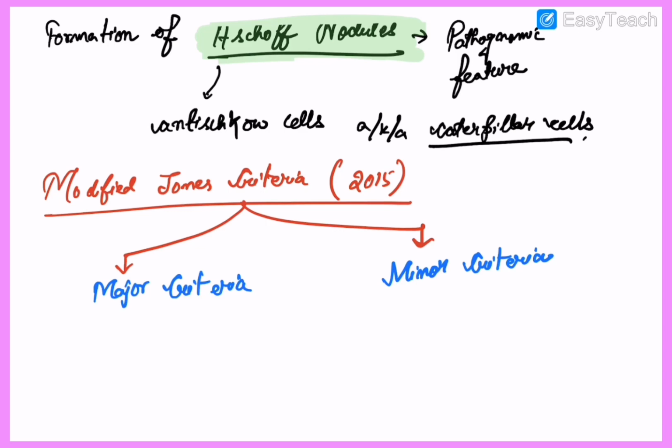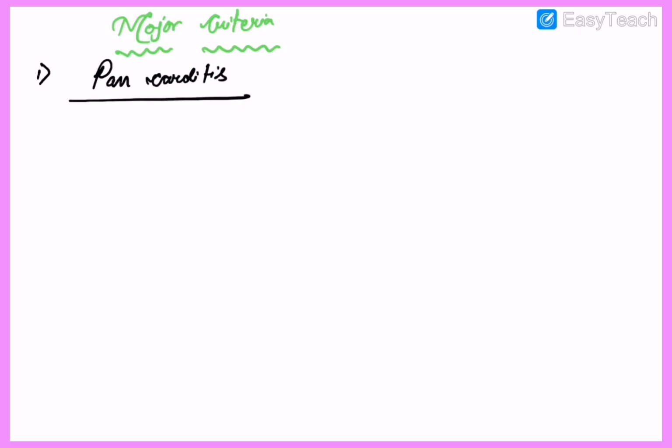Starting with the major criteria, number 1, carditis, which is inflammation or infection of 3 layers: pericarditis, myocarditis, and endocarditis.